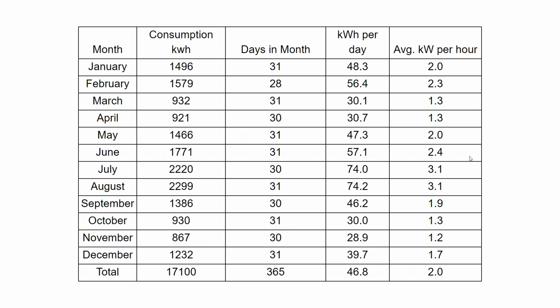But here, what we're doing is we're taking the monthly consumption data, and if we divide it by the number of days in the month, well, then we get how many kilowatt hours per day we're using. And if we divide that by the hours of the day, we get how many kilowatts per hour we're using on average.